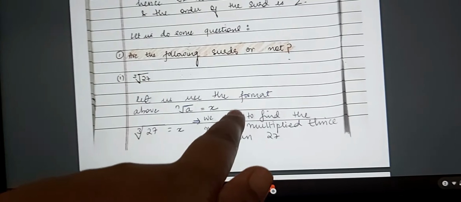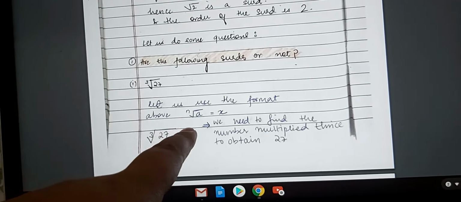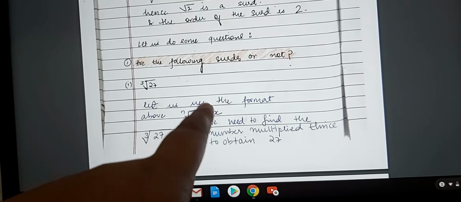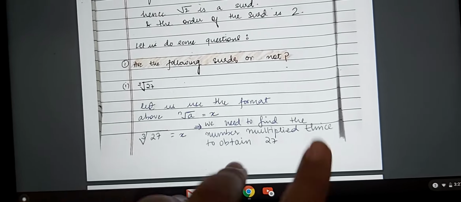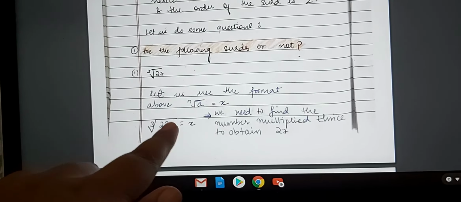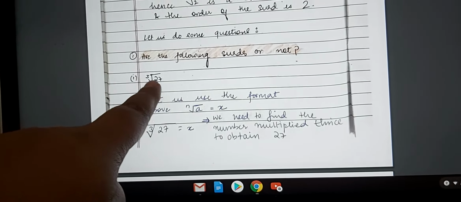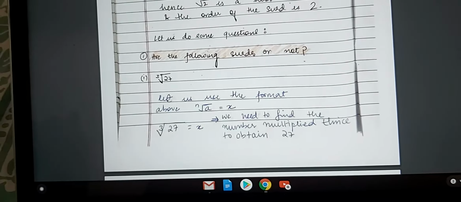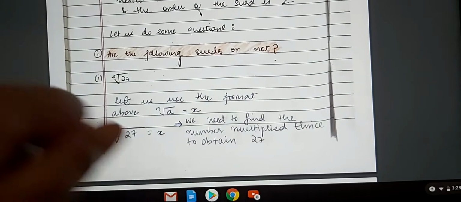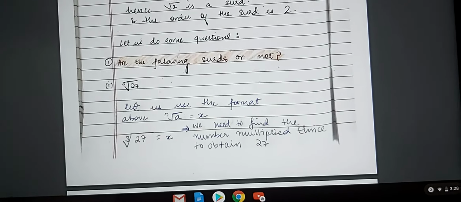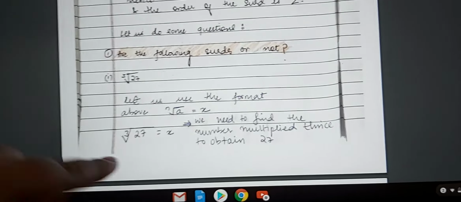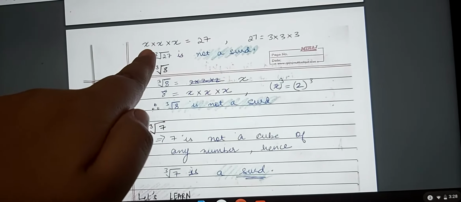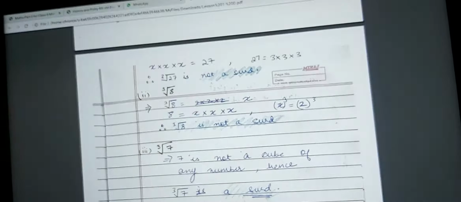Okay, I am using this format. Okay, nth root a is equal to x. Now nth root a over here is cube root 27. So I have written cube root 27 is equal to x. Okay, we need to find the number that is multiplied by itself thrice to give you 27. So it should be x into x into x is equal to 27.